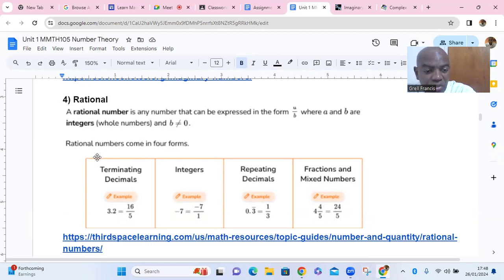So here it continues to say rational numbers come in 4 forms, terminating decimals. So 3.2 is a rational number because 3.2 is a decimal that terminates at one decimal place, and 3.2 can be represented as a fraction. Let's demonstrate that.